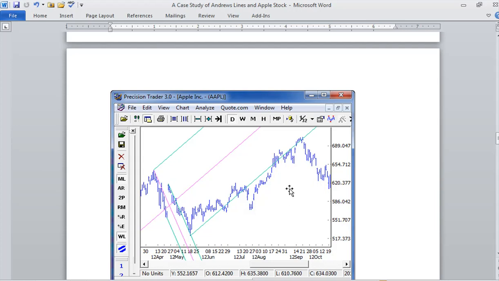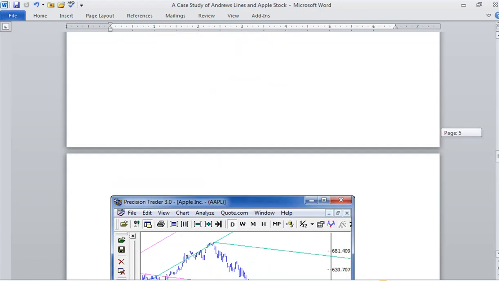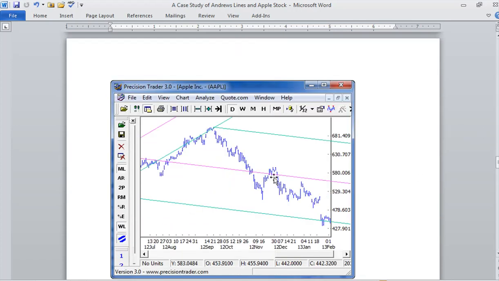And if you go through your material and take a look at this particular pattern in here, you'll see exactly what I mean. So as I mentioned, prices were likely to come down and go to the far parallel, and sure enough they did.